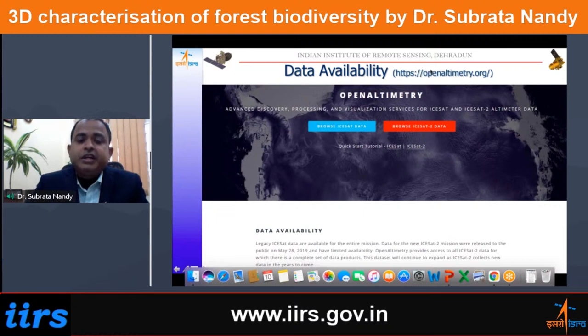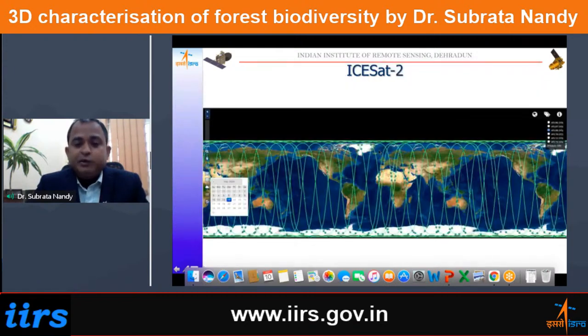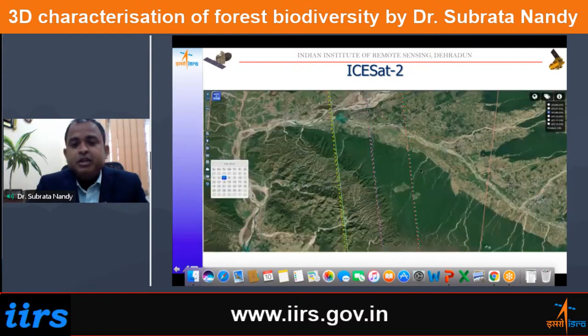If you go to this Open Altimetry site, you can browse this ICESat-2 data here, and when you look inside, these are the global coverages. Suppose I zoom into my area. Let's say this is a part of northern India, and as I mentioned earlier, there are 3 pairs.